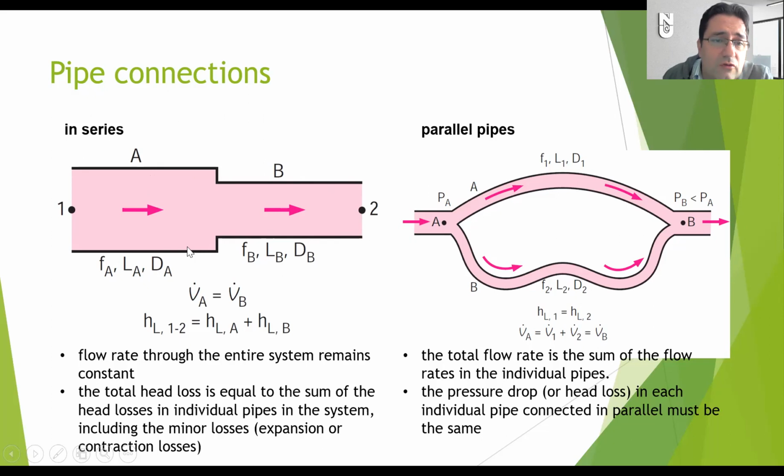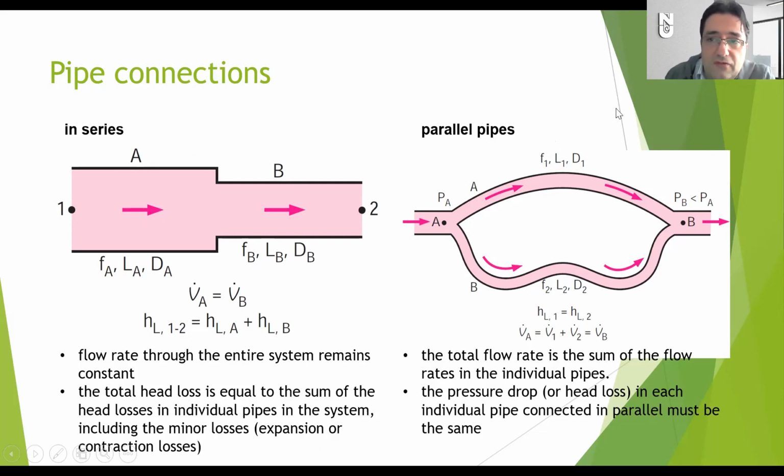So you should calculate a hydraulic loss for pipe A, another hydraulic loss for pipe B, then the total hydraulic loss is the hydraulic loss 1 plus hydraulic loss 2. In series, you calculate the hydraulic losses for each piece of pipe, then sum them up. This is how we solve the problem in series.